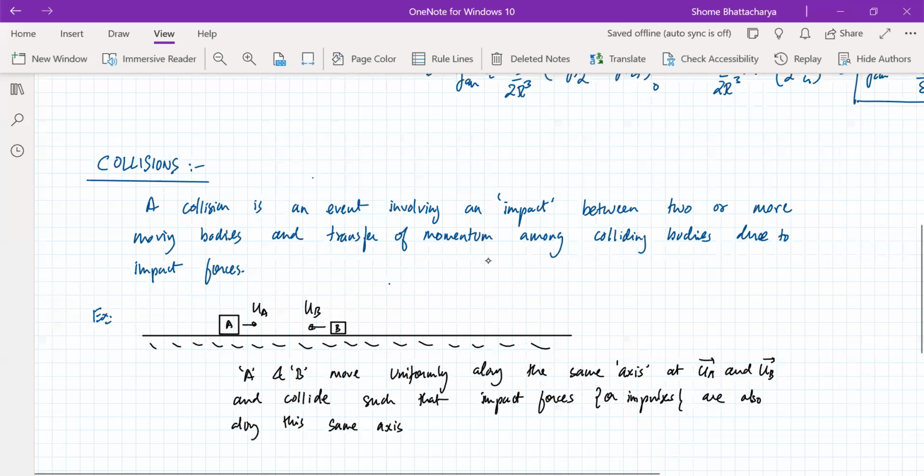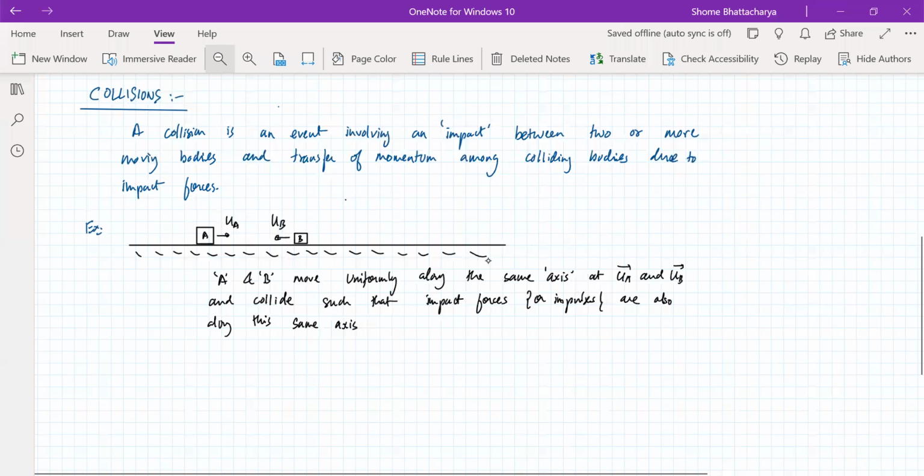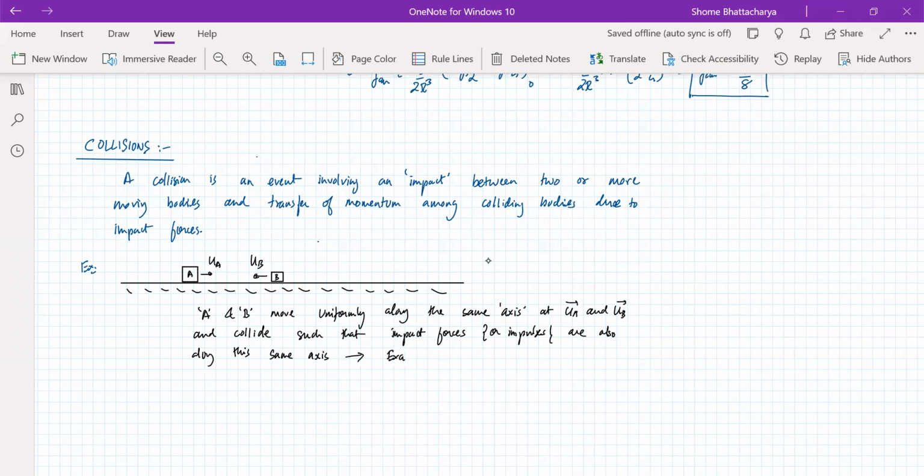So this is an example of what we call a head-on collision. This becomes an example of a particular type of collision called a head-on collision between two bodies.